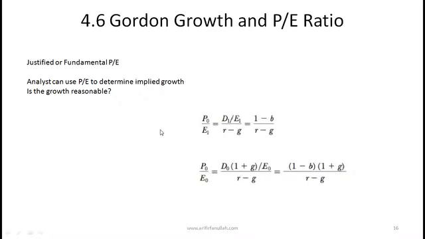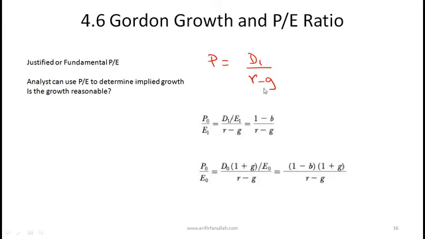Okay. Now back to material that you might have seen. Do you remember what the justified or fundamental PE is? Do you remember that price is equal to D1 over R minus G?